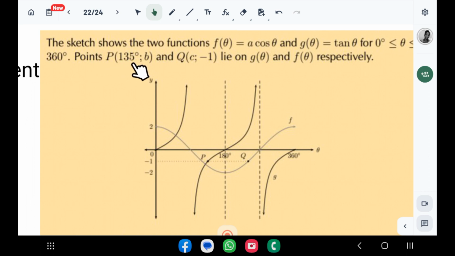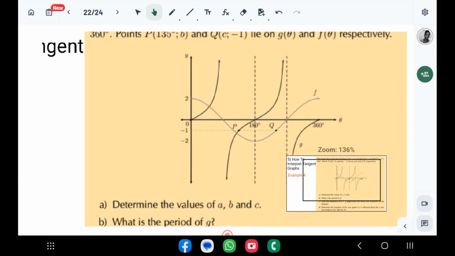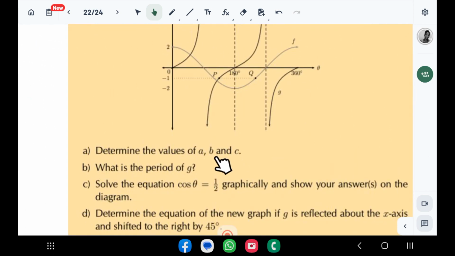Point P, which is (135, b), and point Q, (c, -1), lie on g of theta and f of theta respectively. This on g of theta, the P, and the Q on f of theta. Determine the values of a, b, and c.